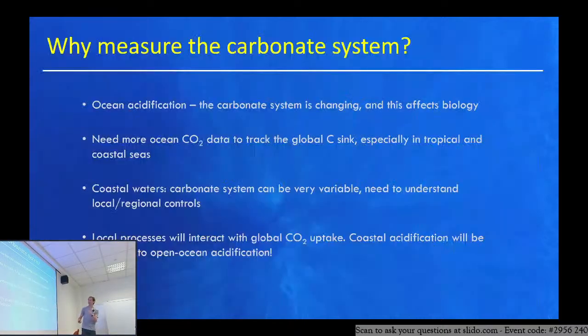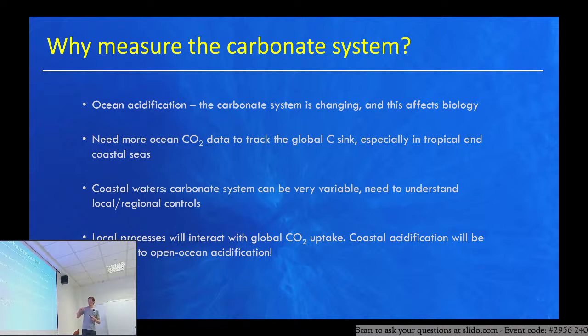Obviously ocean acidification is a major motivation for studying the carbonate system. But in general, we also need more ocean CO2 data to track the ocean CO2 sink, and that's in particular the case in coastal and in tropical environments.